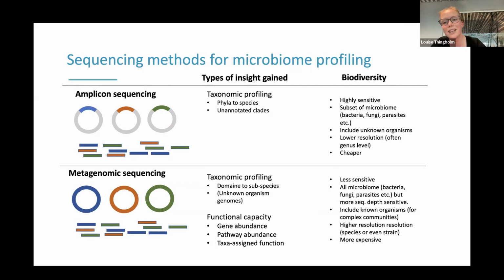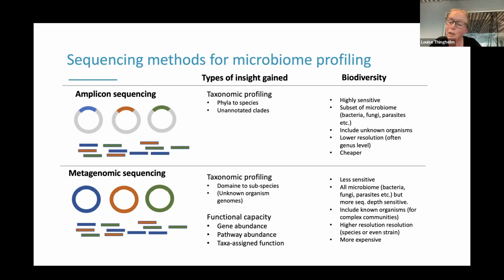And that's probably how it's the most different from the amplicon sequencing, because if you use this, then your diversity will include the microbes that we have information on already. That's thousands of bacteria and hundreds of fungi, so it's still a lot of different microorganisms, but there's a lot we don't know about, and those we will not include in our calculation of diversity.